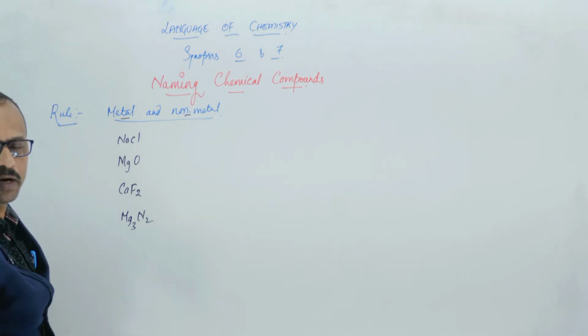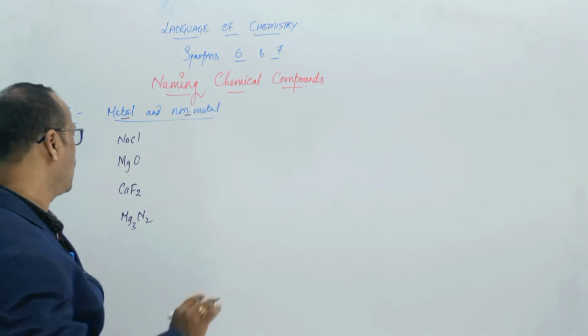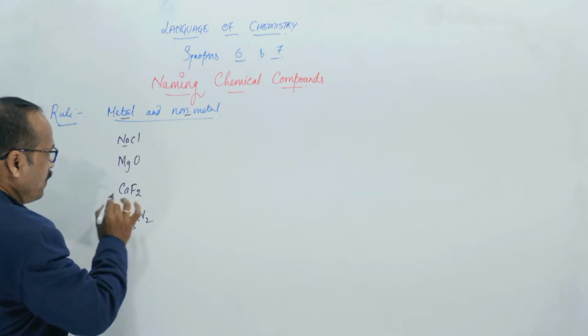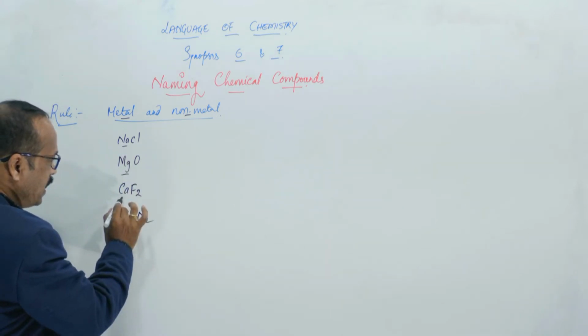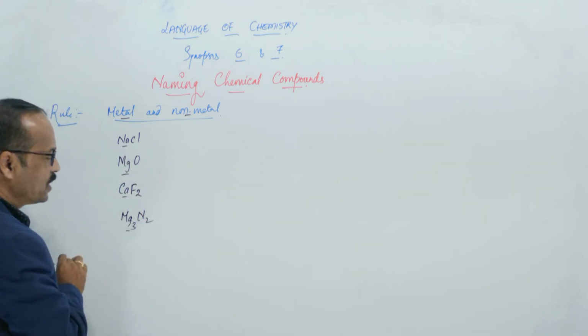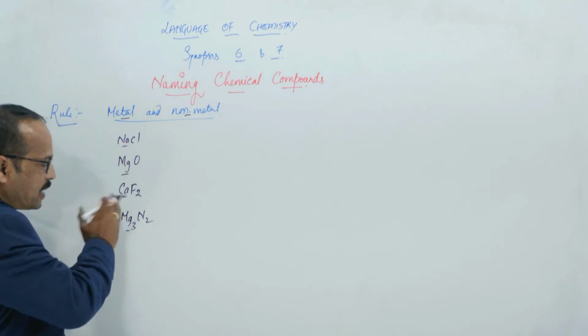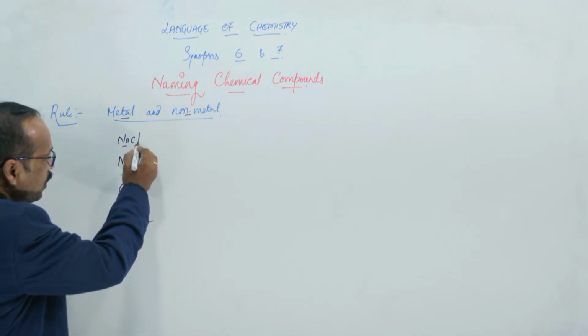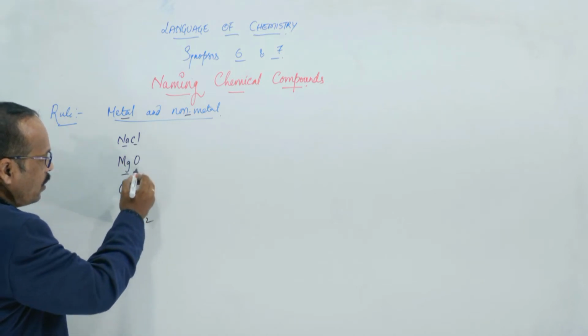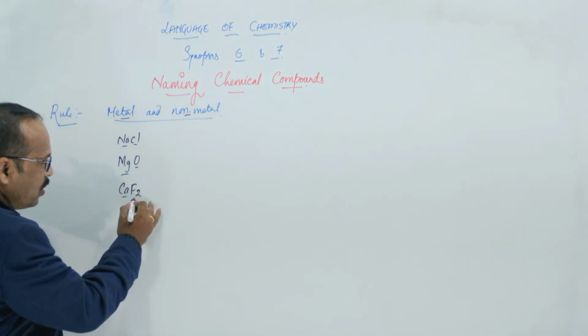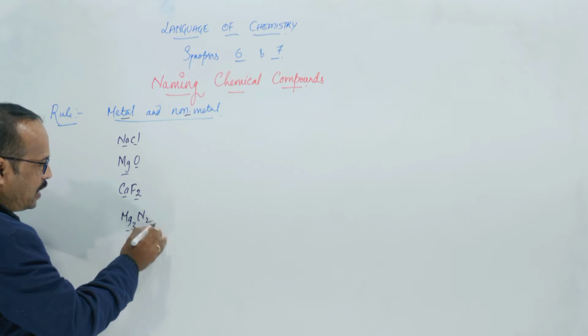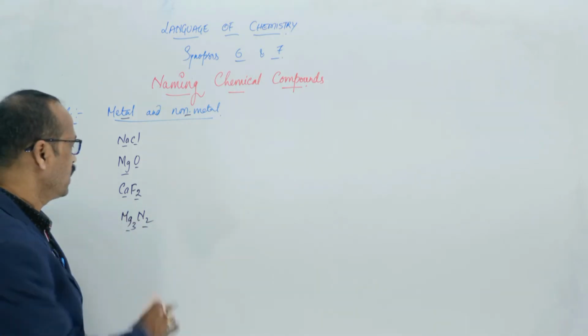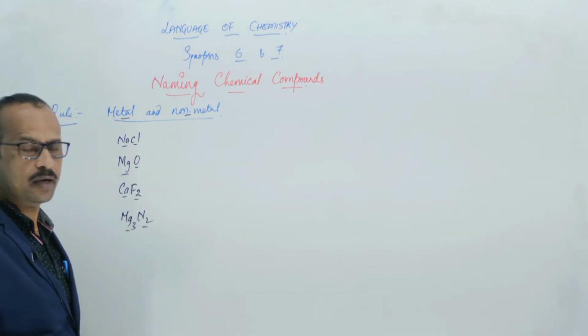Sodium, metal, magnesium, metal, calcium, metal, magnesium again, metal. Now this side you see chlorine, non-metal, oxygen, non-metal, fluorine, non-metal, nitrogen, non-metal.